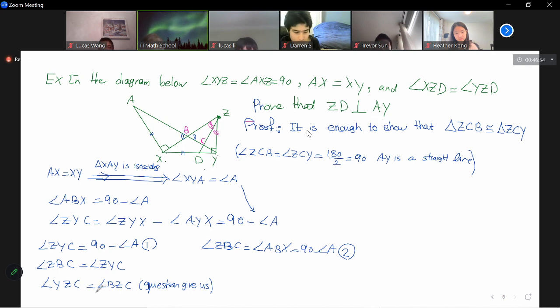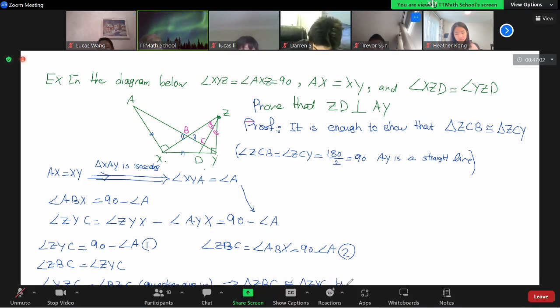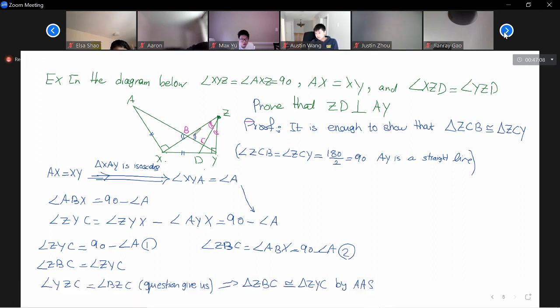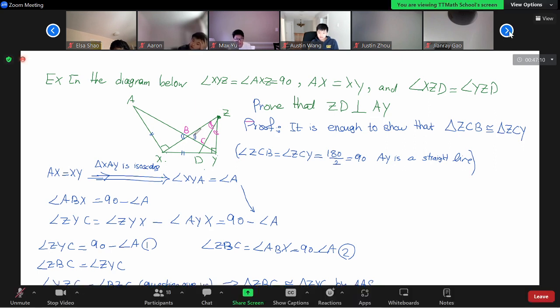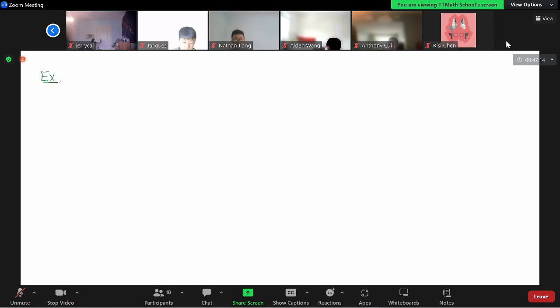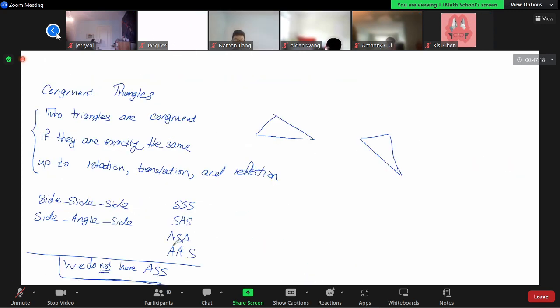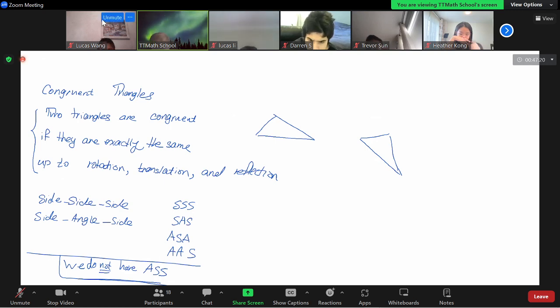So this means that triangle ZBC is congruent to triangle ZYC by angle, side, angle, because they are sharing the same side, ZC, right? You remember triangle similarity.